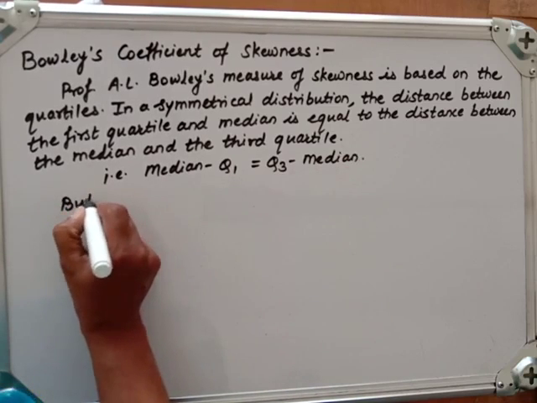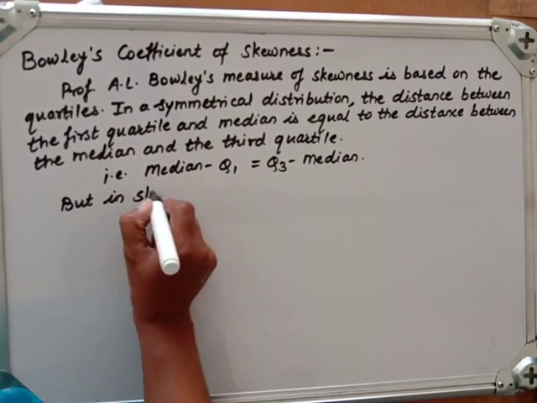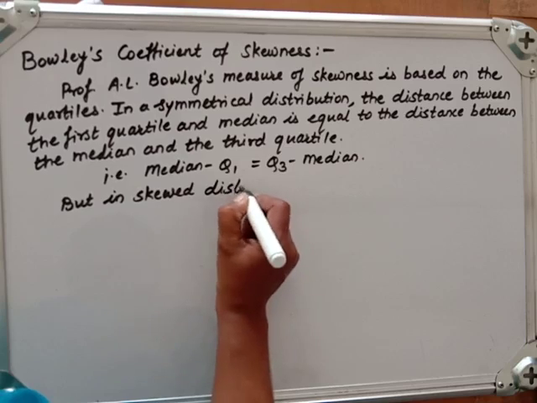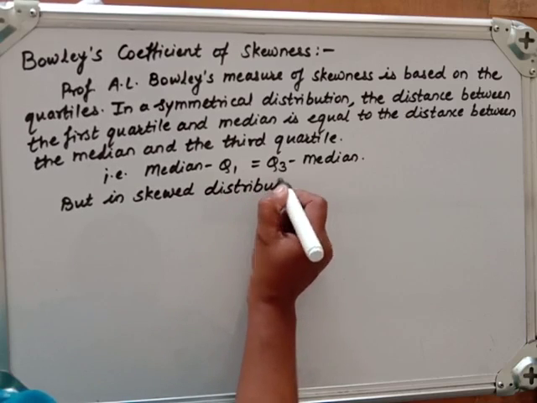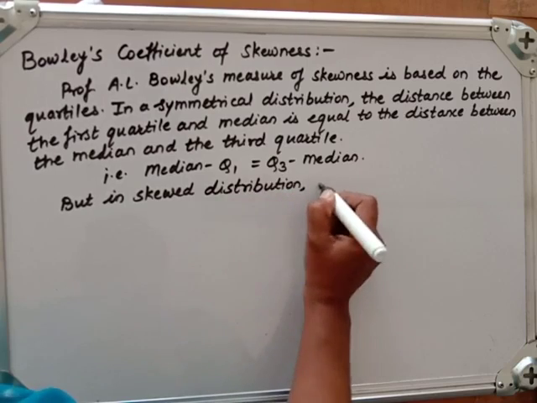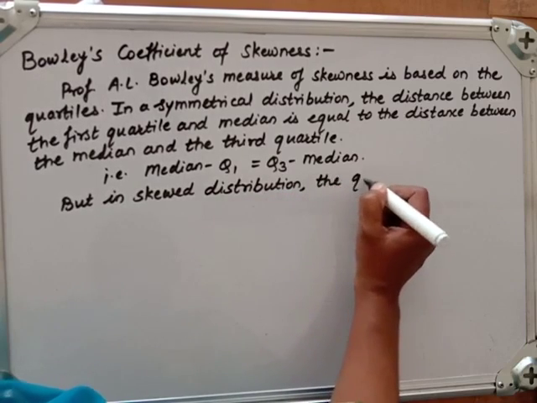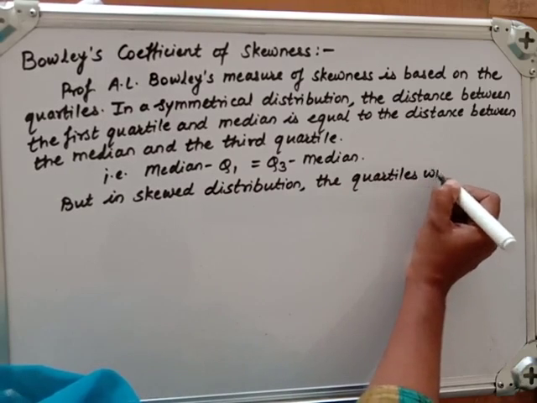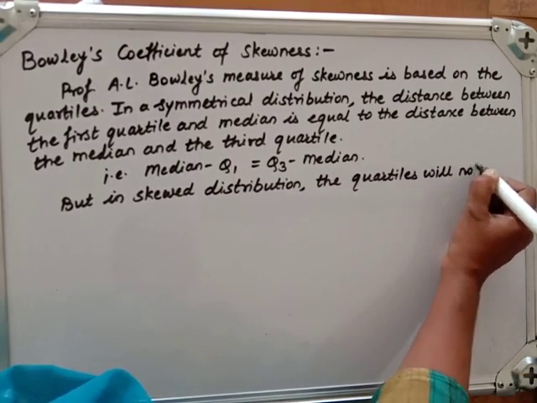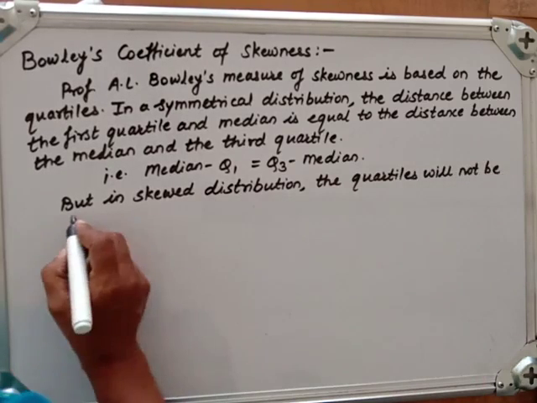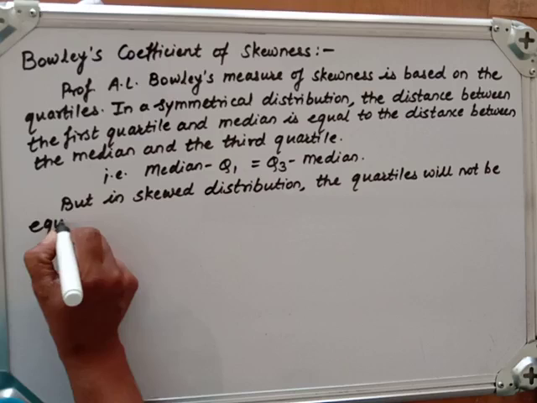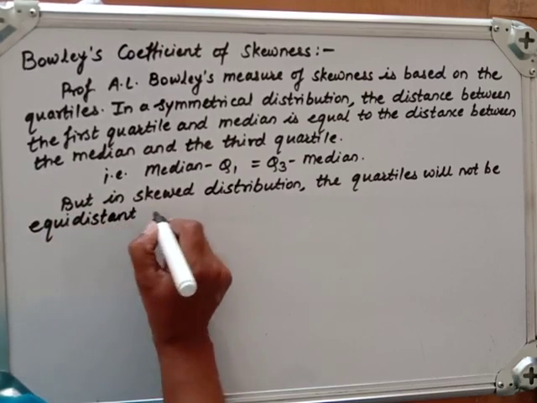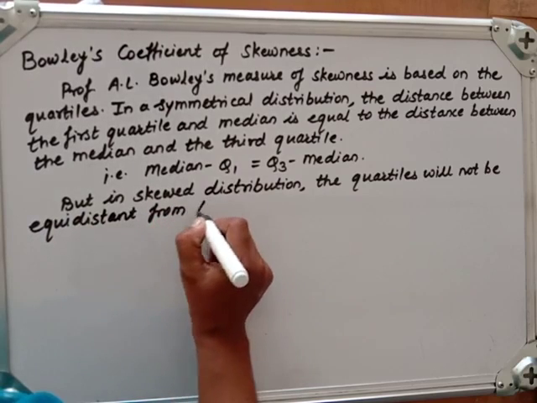But in a skewed distribution, the quartiles will not be equidistant from the median.